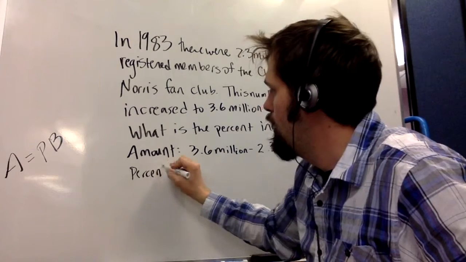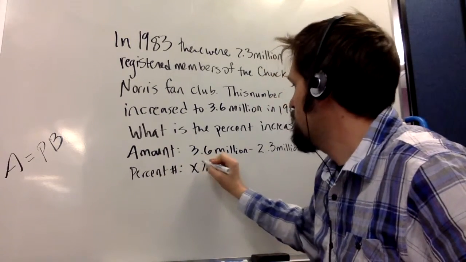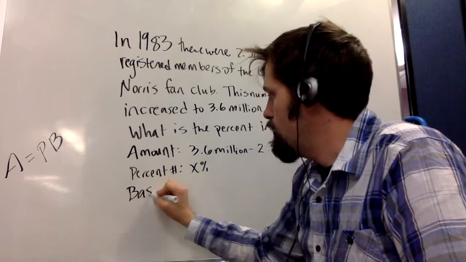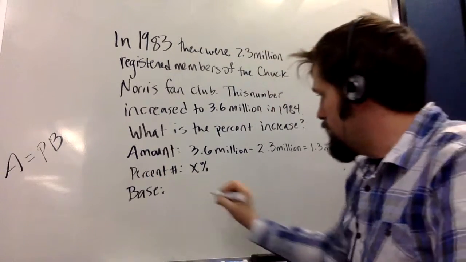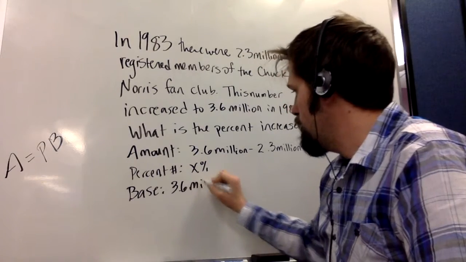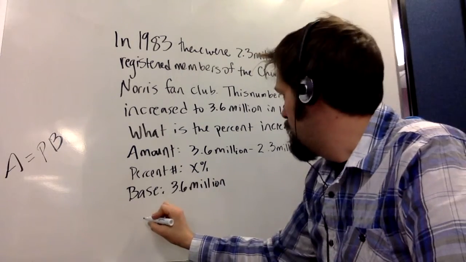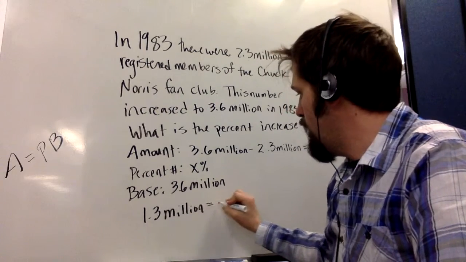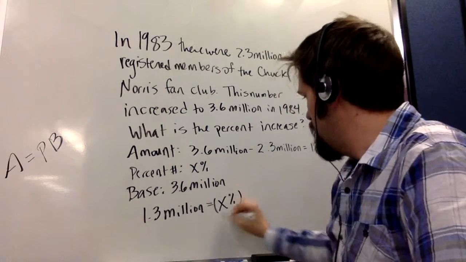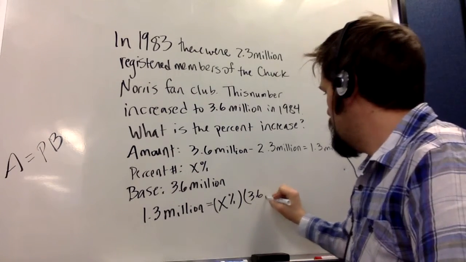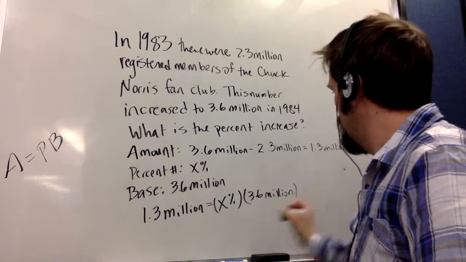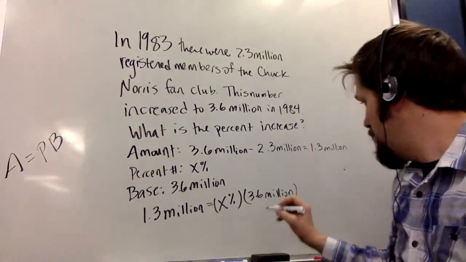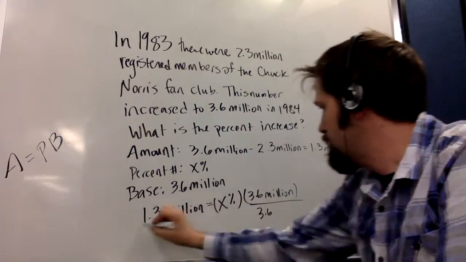Percent number is X. Percent, we don't know what the percent increase is. The base is where we started, which is at 3.6 million. 1.3 million is the amount A, X percent times 3.6 million. So then to solve for X percent, we divide by 3.6 million.